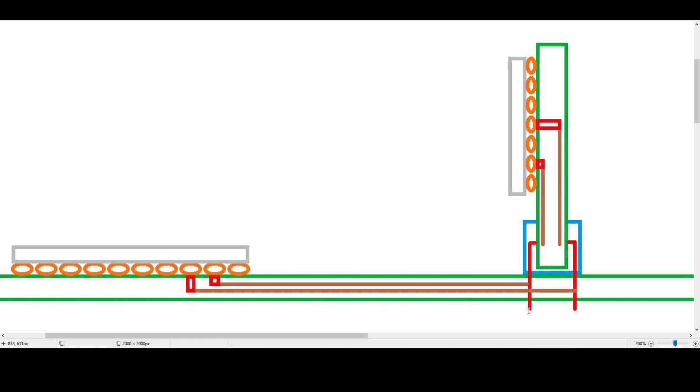It might be hard to get a good contact from one piece of metal to the other, because you have to be able to remove the memory module as well.